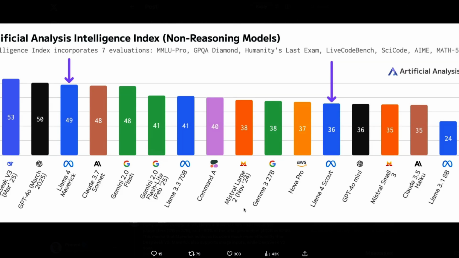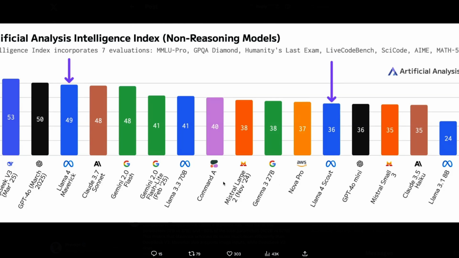A second thing is this plot that I want to discuss. So we have independent benchmarking of the Llama 4 series. Here, based on the average score on the 7 different evaluations or benchmarks, Llama 4 Maverick seems to be the third best model for non-reasoning models. Llama 4 Scout is in the 12th position.